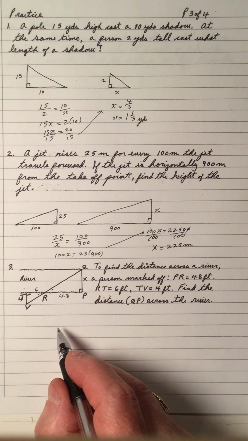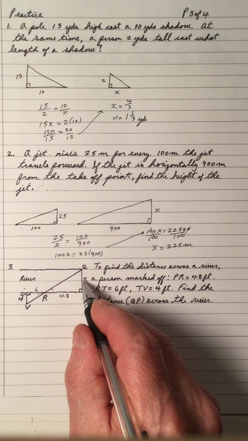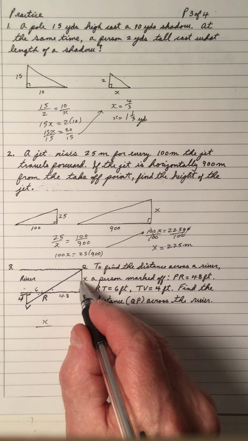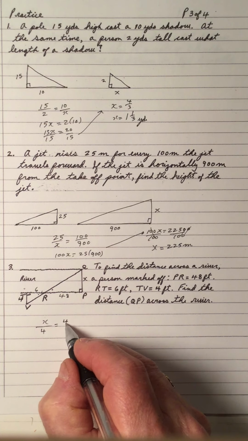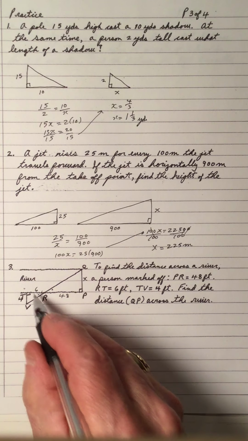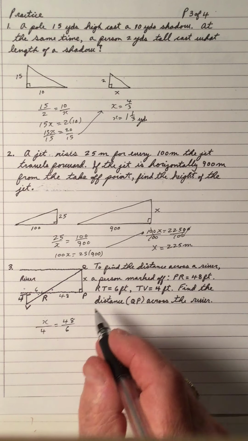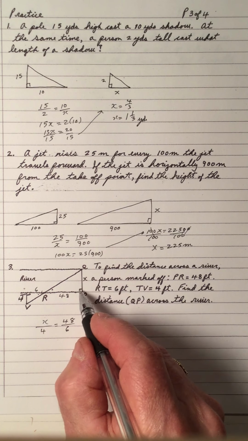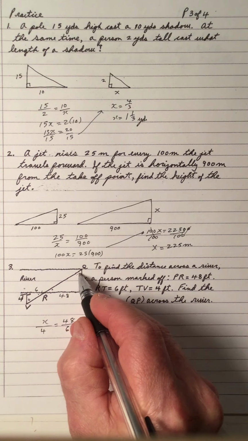So if you set up similar triangles, notice that this side, x across the river, is going to go with 4, and the 48 is going to go with the 6. You could do ratios and set them all up, but you notice that these 2 right angles are equal, these angles are equal, and this angle is equal.